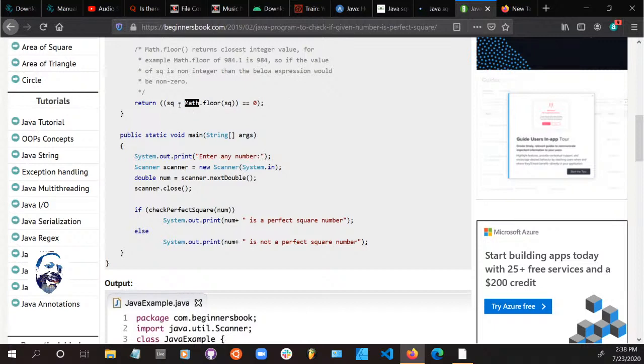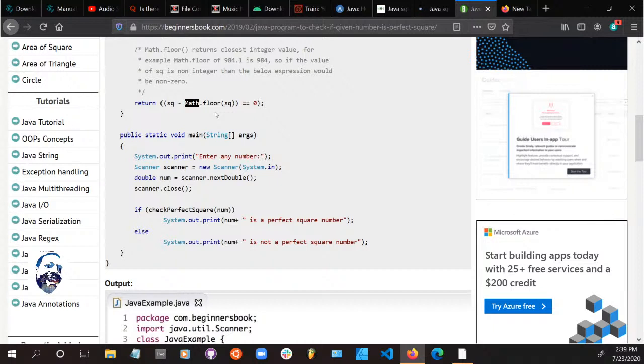Return the difference between the actual square root and the floor of the square root. In other words, if the square root is a decimal number, the floor is going to round off to the nearest integer or something like that, and then it's going to compare.